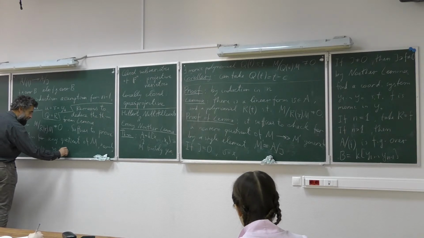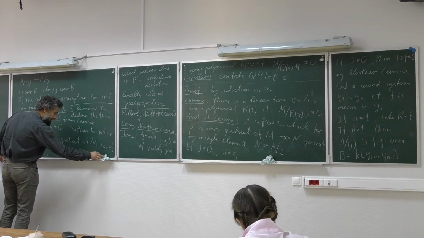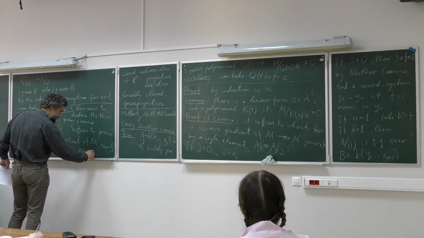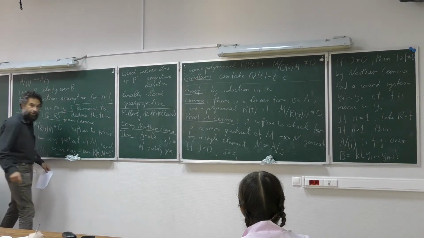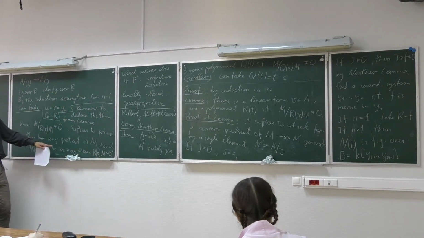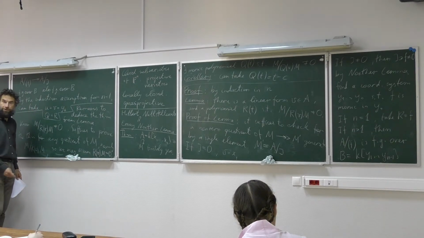So we may assume that r of v m equals 0. Okay, so we replace m by this quotient, and then we assume that r of v m is 0.